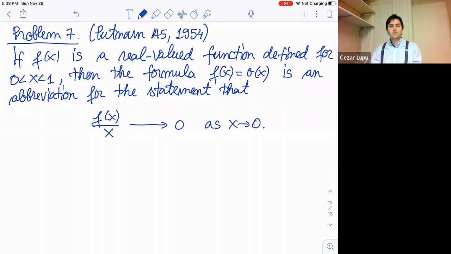Okay, that's the definition of f of x is little o of x.